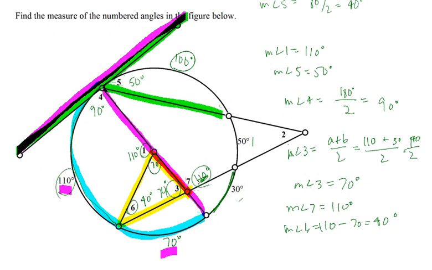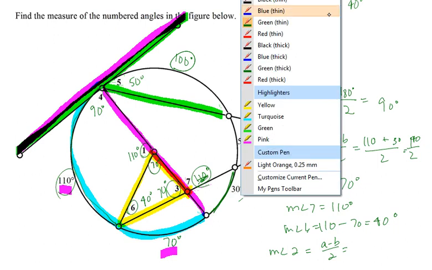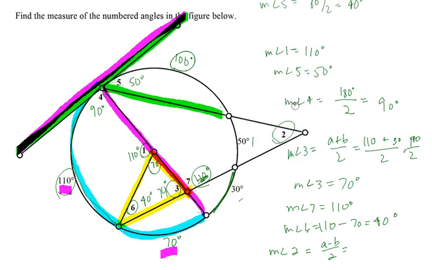And I think it looks like the only thing I'm missing is angle 2. Now angle 2 is all the way outside of the circle. It's formed by two secants. So we're going to use that A minus B over 2 formula. A, of course, being the larger arc that's intercepted. Goodness, I'm running out of colors here. We'll try yellow again. The larger arc that is intercepted by the secants making angle 2 is here.